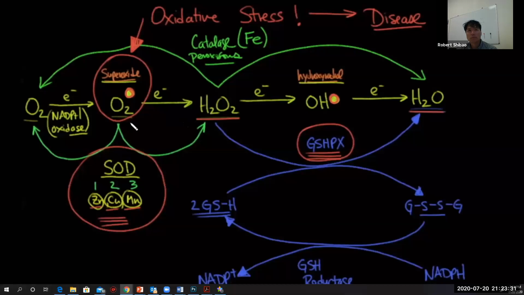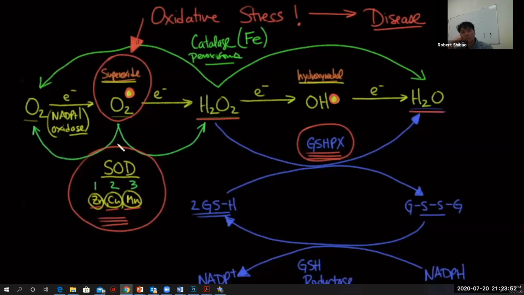Here we have an increase in superoxide, and it takes superoxide dismutase to reduce it back to oxygen and hydrogen peroxide. And then through glutathione peroxidase, you can reduce hydrogen peroxide back to water. Through catalase, you can reduce it back to oxygen and water. And there's ways of recharging all of these things.